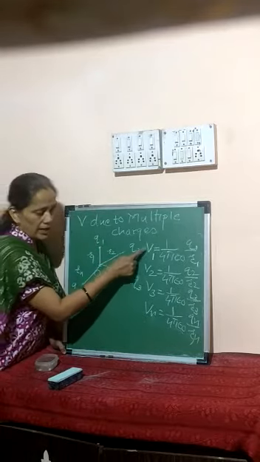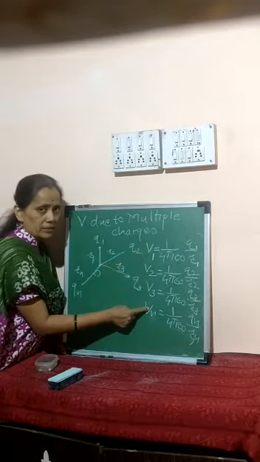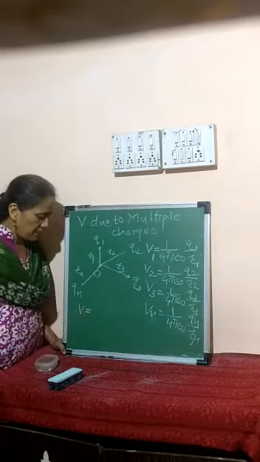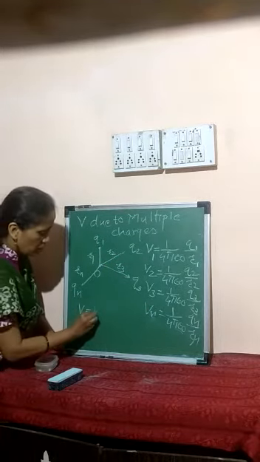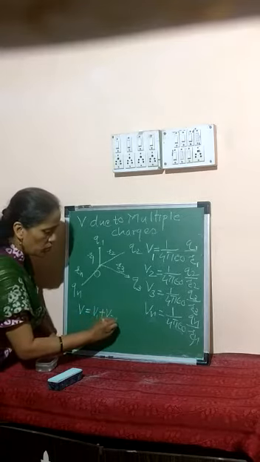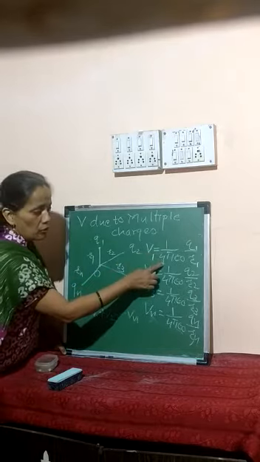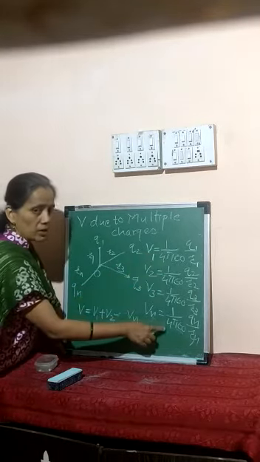We already know that electric potential is a scalar quantity. As it is a scalar quantity, its net potential V can be written as V1 plus V2 up till Vn. In that, 1 upon 4 pi epsilon naught is a common quantity.